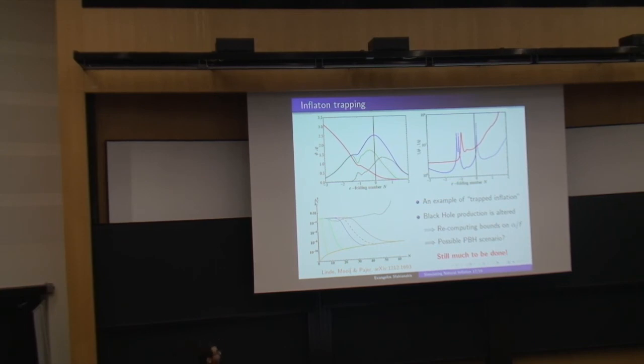This is an example of trapped inflation, a phenomenon that has been studied by Marco, among other people, in a recent paper. And this means that this spike can alter black hole production, and we have to recompute bounds on alpha over f based on features like that.